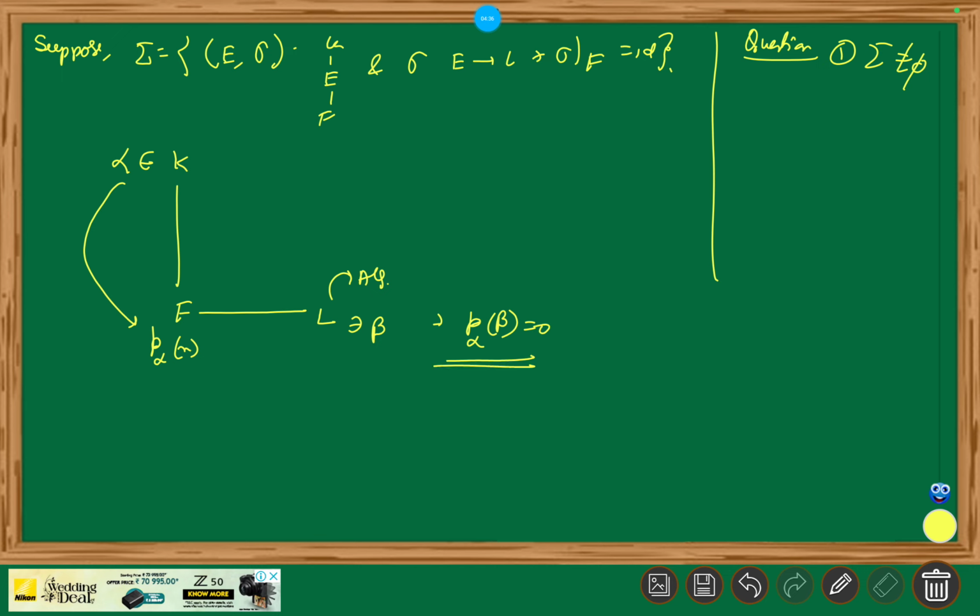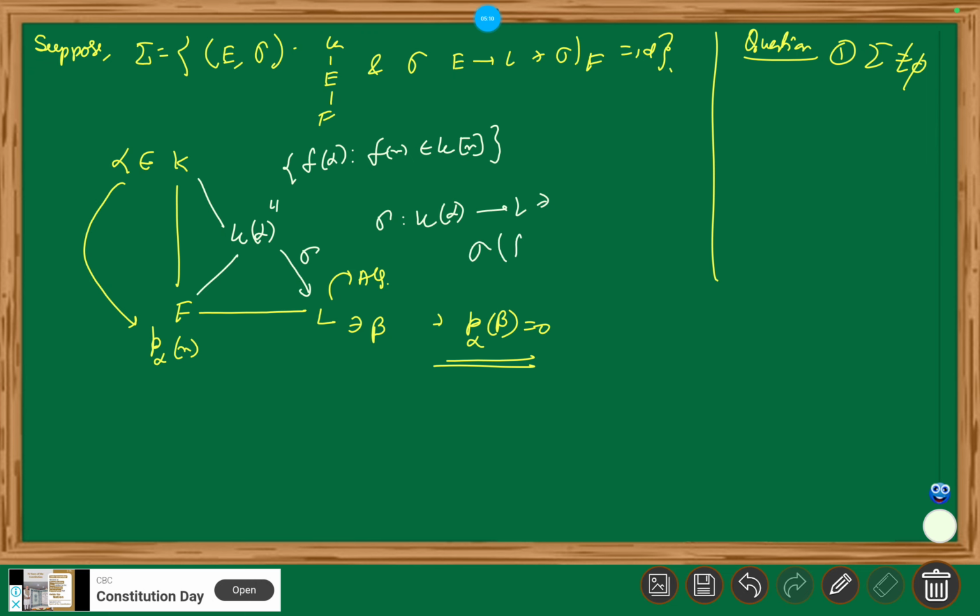So you can see that now in between K and F, I have F alpha. Okay, so F alpha, the elements are given as f of alpha such that f x belongs to the ring of polynomials F x. Then we can introduce a map from F alpha to L itself via sigma, where sigma maps f of alpha to f of beta itself.